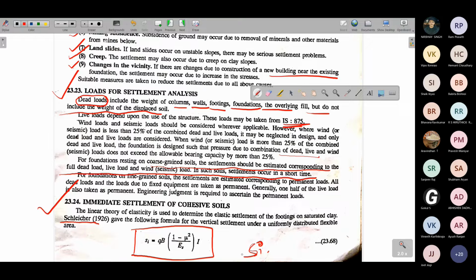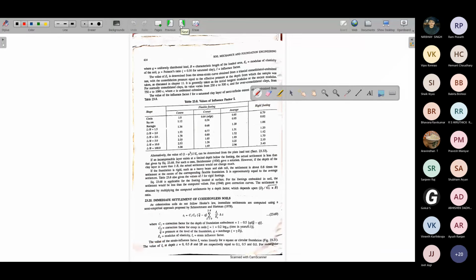The linear theory of elasticity is used to determine the elastic settlement of a footing on saturated clay, and it is given by this formula. This is the load intensity, B is the footing width, Es is the modulus of the soil, and mu may be, let me check, Poisson's ratio or something like that.